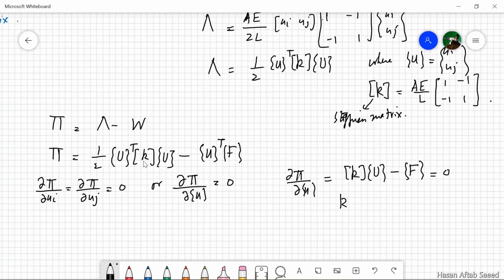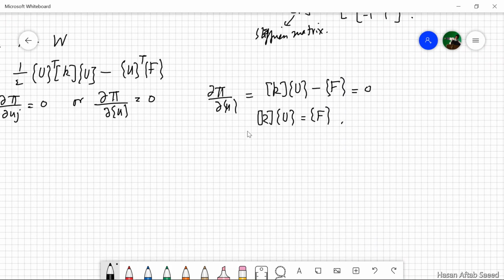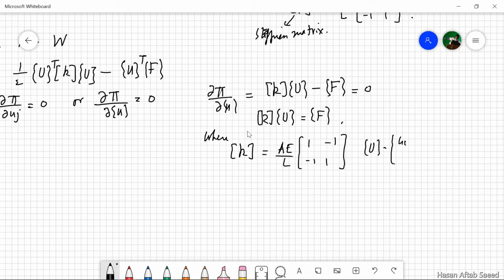So our expression for one element is this. This is an algebraic equation where K is A over L, 1 minus 1 minus 1 1. U is equal to Ui and Uj, and F is equal to Fi and Fj.